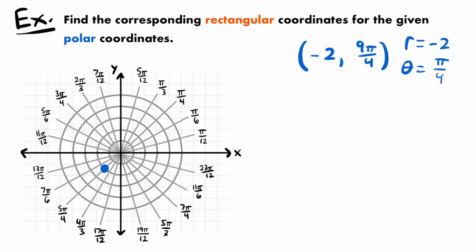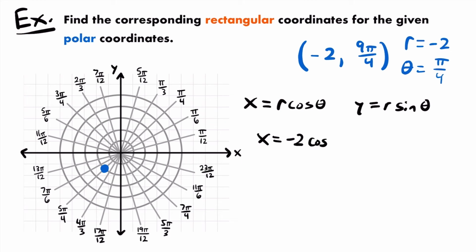All right, so if we use our equations, we'll have x equals r times cosine theta and y equals r times sine theta. We'll plug in our values of r and theta, and we'll have that x is equal to -2 times cosine of pi divided by 4, and then y is equal to -2 times sine of pi divided by 4.